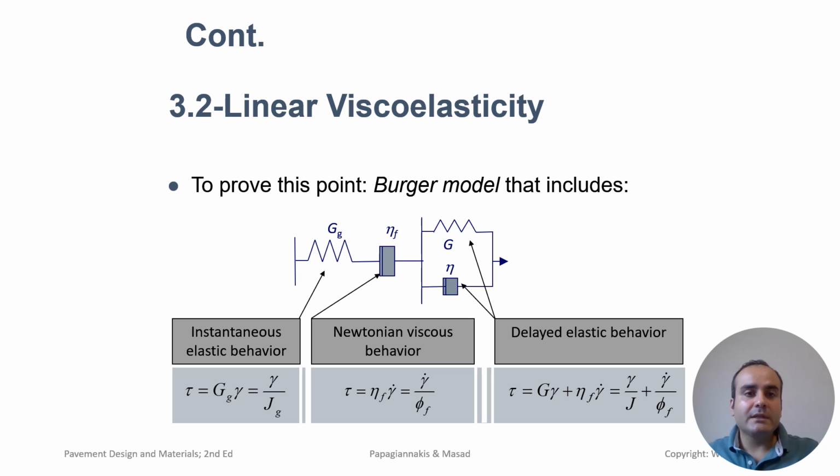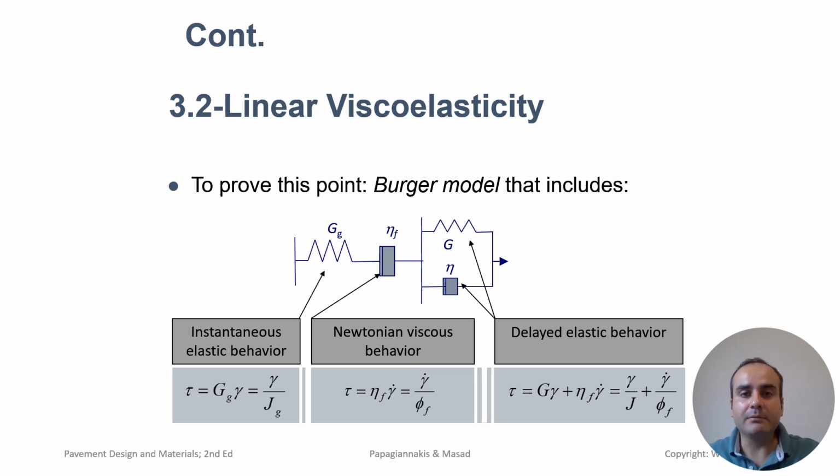The next element is the Kelvin-Voigt model. This element consists of a spring and a dashpot in parallel, which represents time-dependent elastic recovery and delayed elastic deformation.